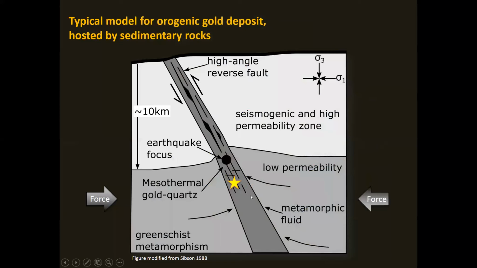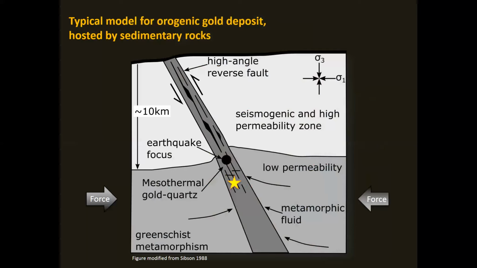It's migrating into this shear zone structure, letting the fluid migrate up the shear zone, and then for different precipitation mechanisms, perhaps coming into more iron-rich rocks, or from repetitious pressure drops in this shear zone, actually seismic events, earthquakes, destabilizing the fluid and precipitating the gold.